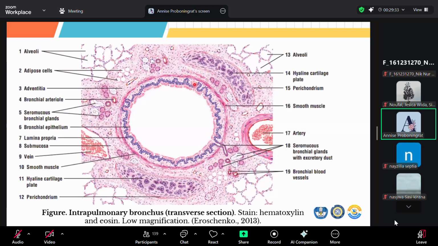This is the intrapulmonary bronchus histology by transverse section.